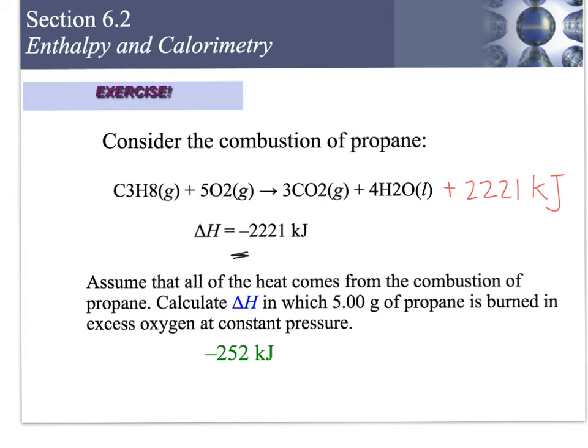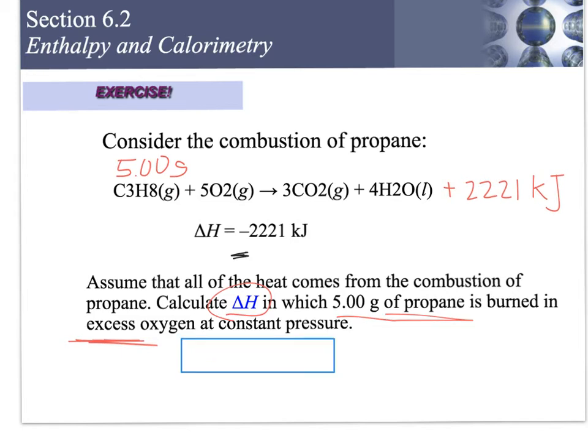And so it says, assume all the heat comes from the combustion of the propane. Calculate delta H in which 5 grams of propane, so you know I like to write my grams over my equation, is burned in excess oxygen. And all the word excess means is that you have enough oxygen to make all the propane burn. So don't get too bent out of shape over that.